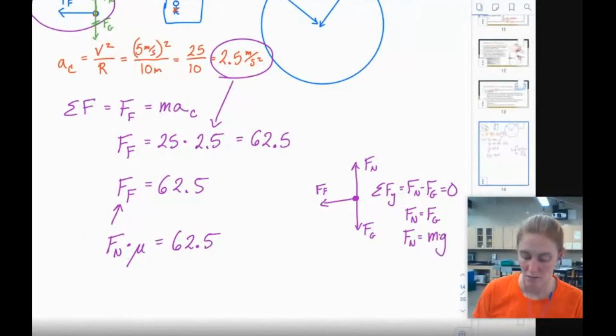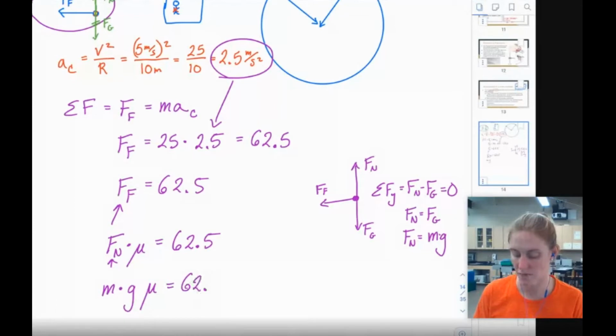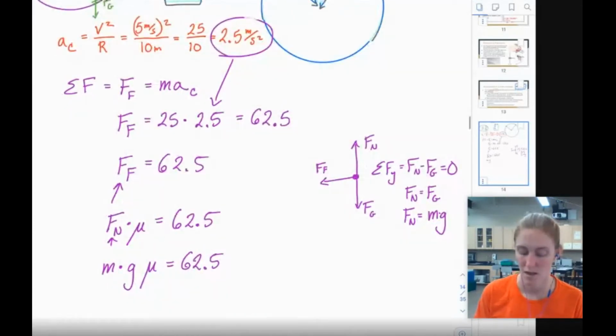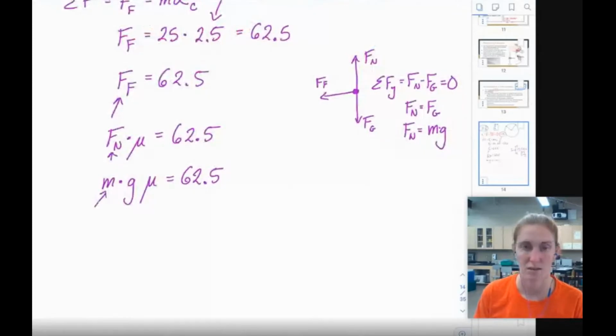So I'm going to plug that in over here. My normal force is m times g, times the coefficient of friction, equals 62.5. I'm going to plug in my mass of 25, and g is 9.8.